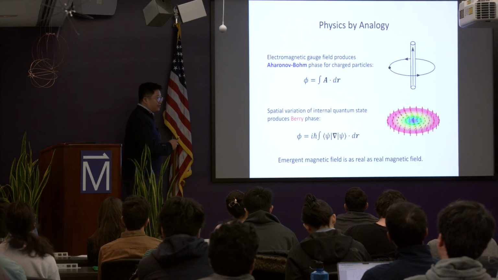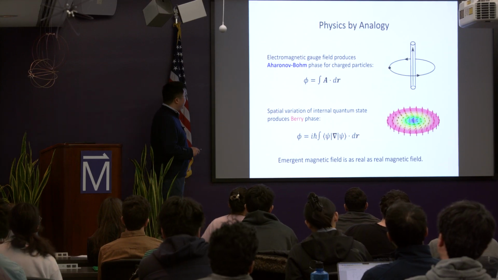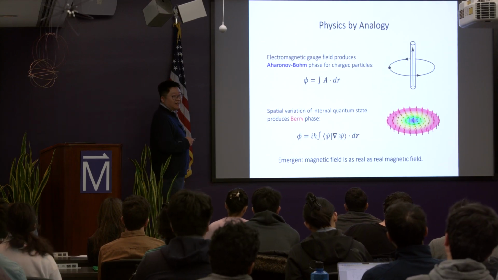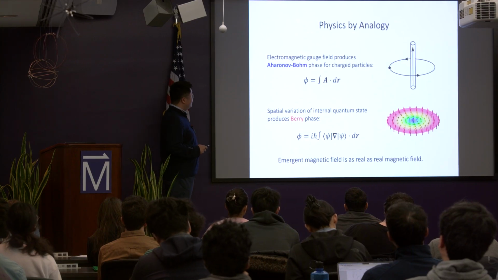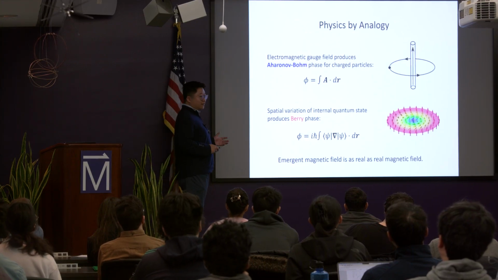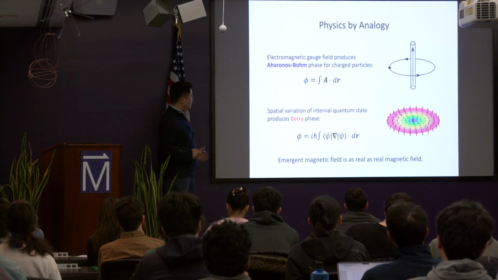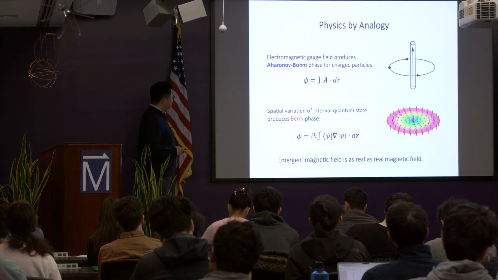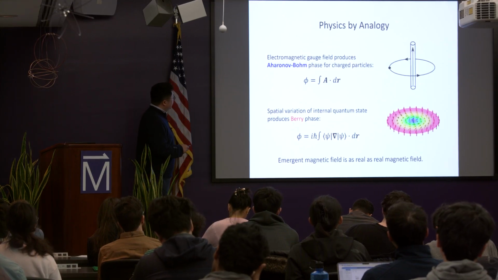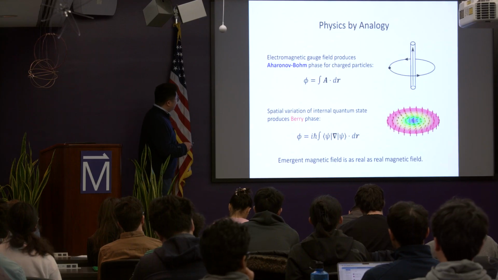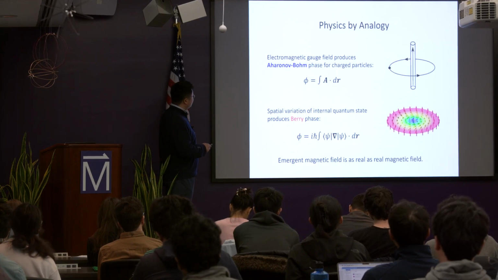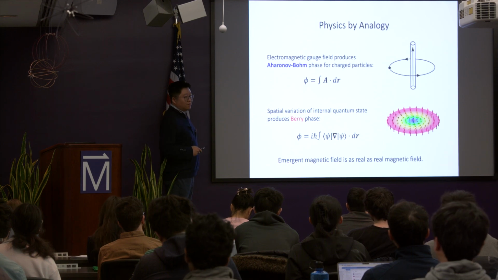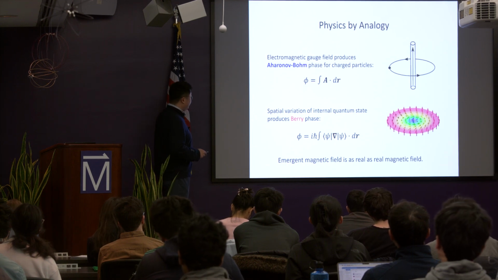And my interest in this subject is really motivated by the analogy. Okay, so the question is, we really want to find an analog of magnetic field in quantum materials. As I mentioned, at the fundamental level, the real effect of magnetic field is to produce an Aharonov-Bohm phase for a charged particle.